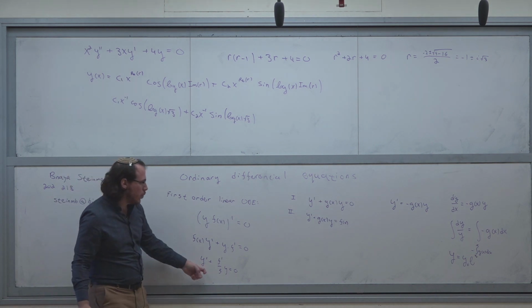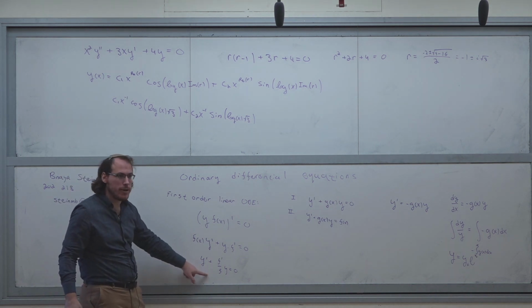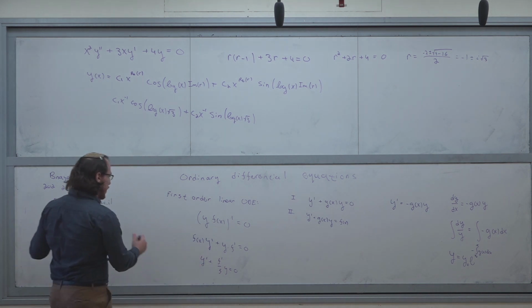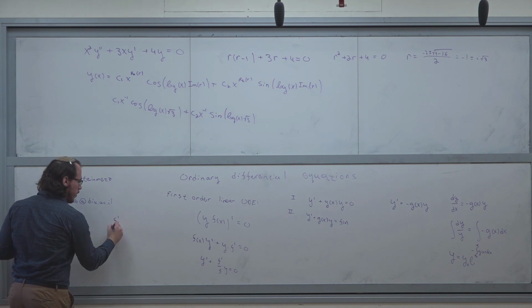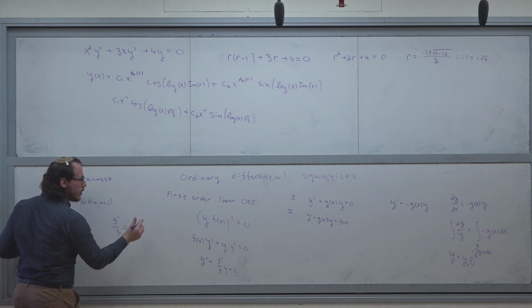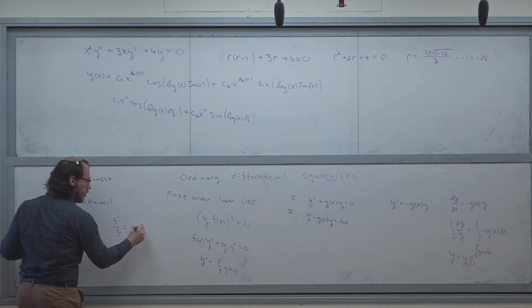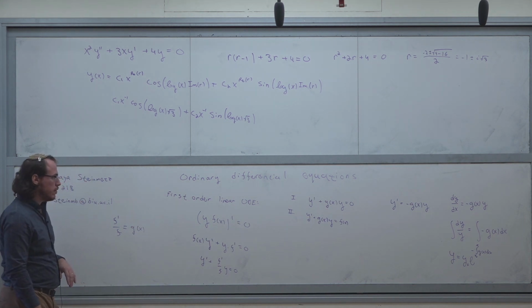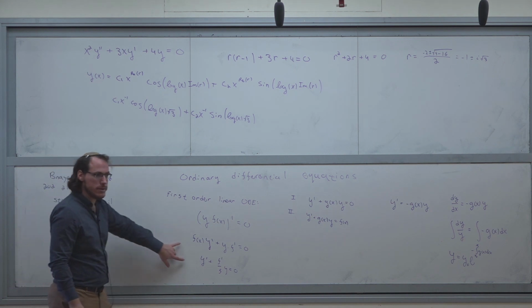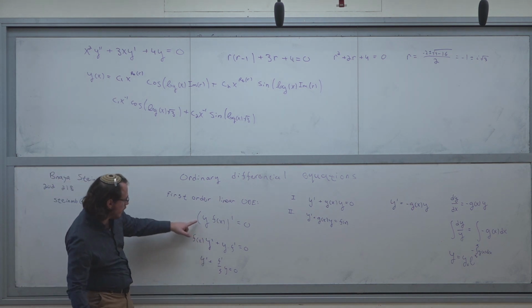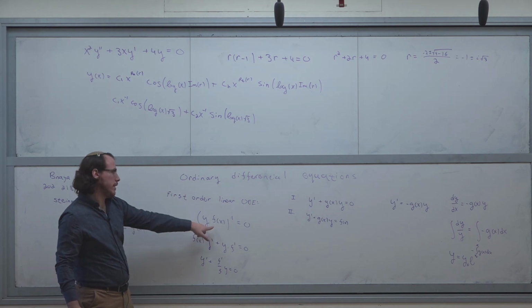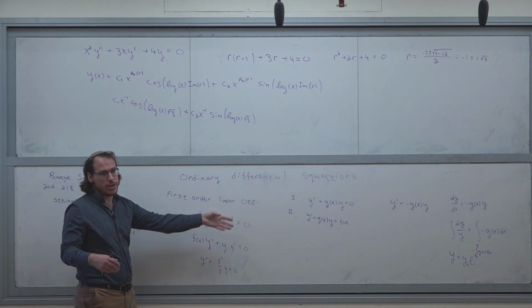So in a way, this is another way to see that the solution is exponential, because I'm looking for something that would reduce it to an easy equation, because this I can just integrate away.